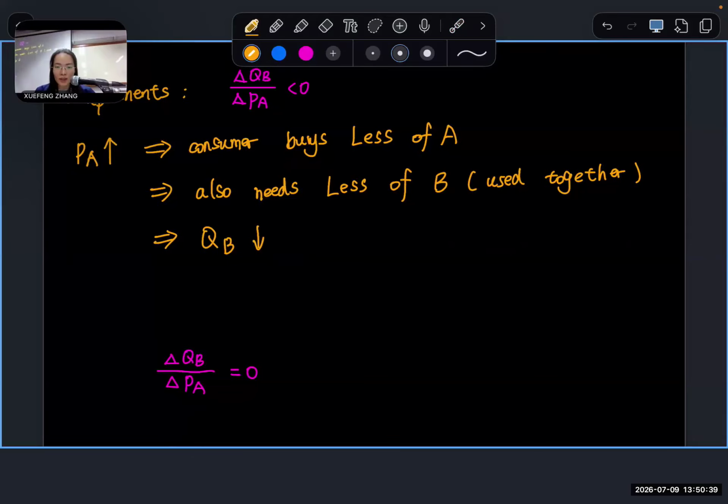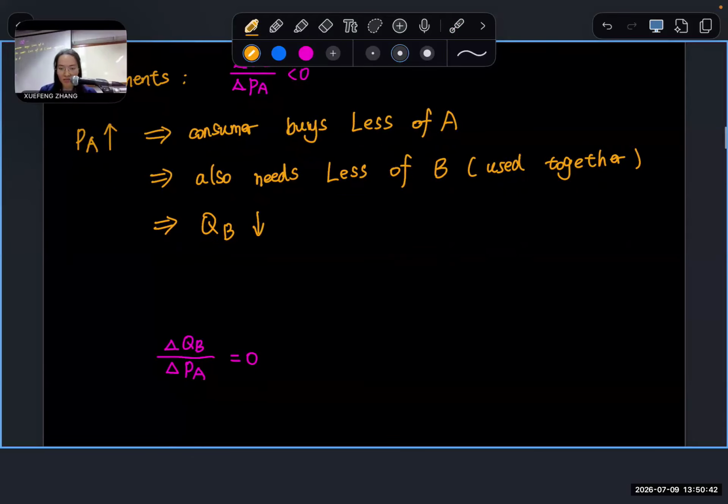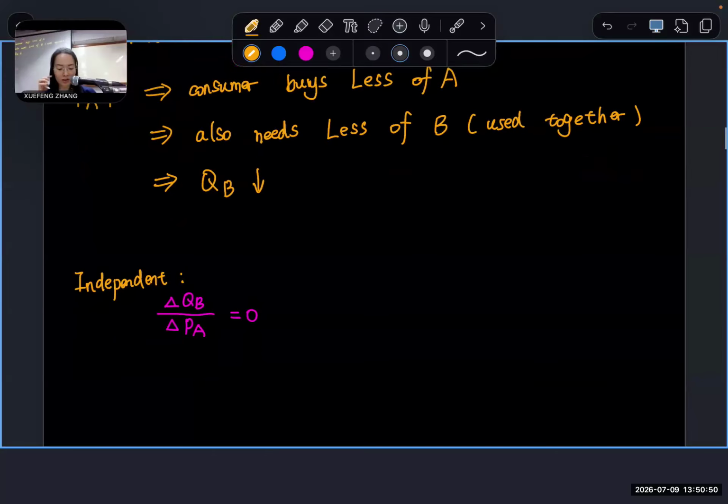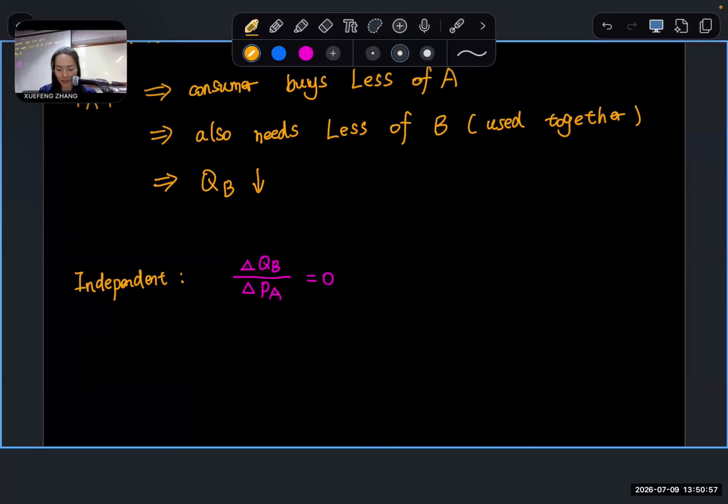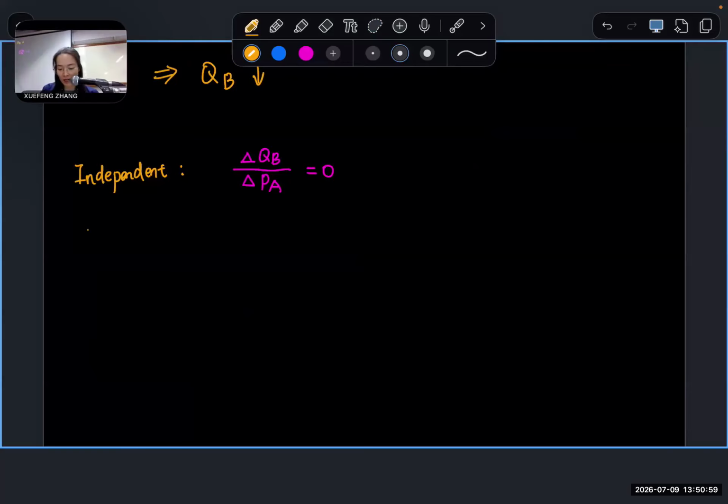Another type, independent, which means no relationship. So we're going to have 0 here. The price of A increases, and there's no link to B's usage.